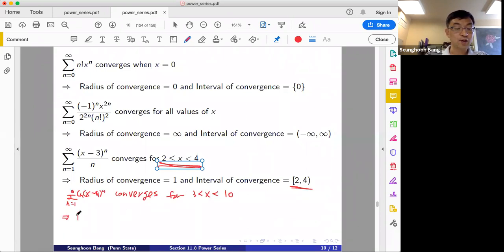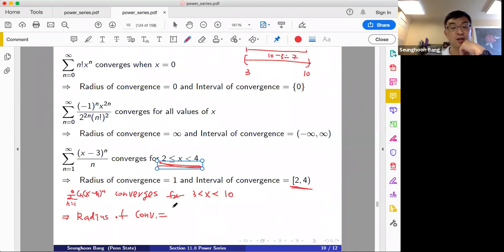What is the radius of convergence? What do you think? What's the radius of convergence of this problem? Yes, 7 over 2 is good. Here, 3 to 10, so the length of the interval is exactly 10 minus 3 equals 7.